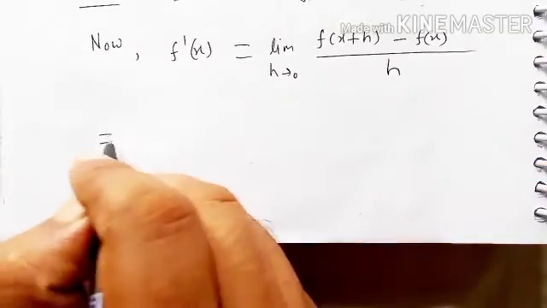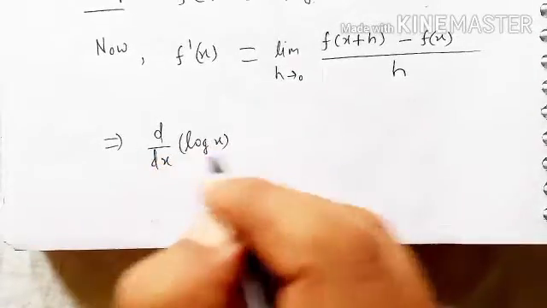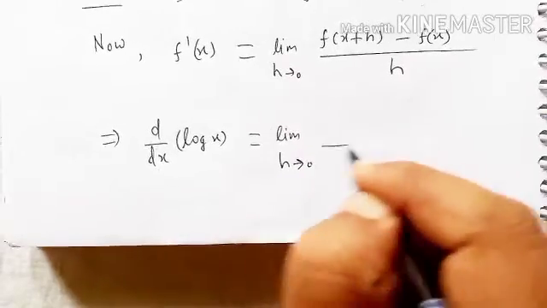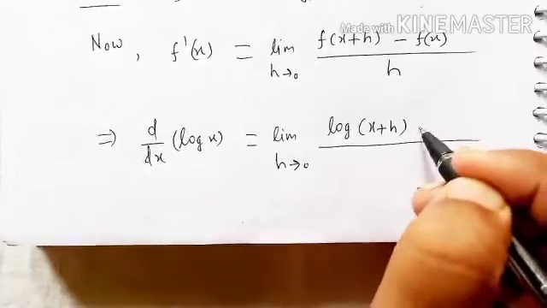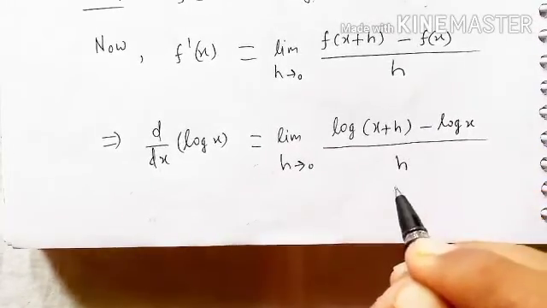This implies that derivative of log x is equal to limit h tends to 0 of log of x plus h minus log x by h.